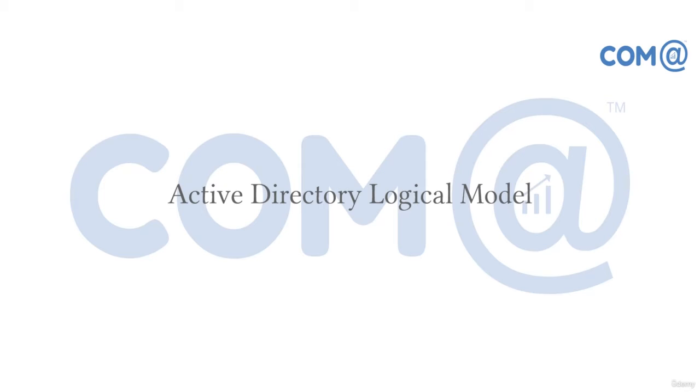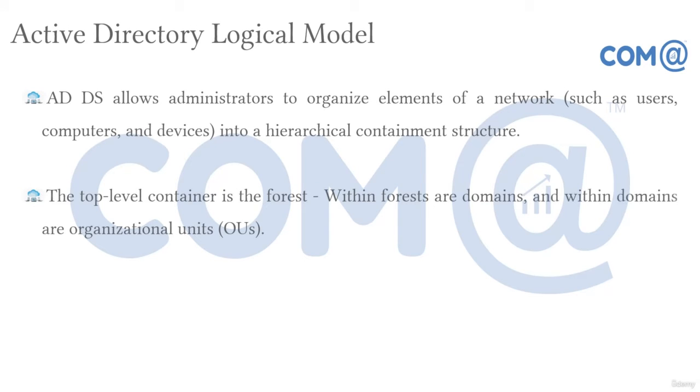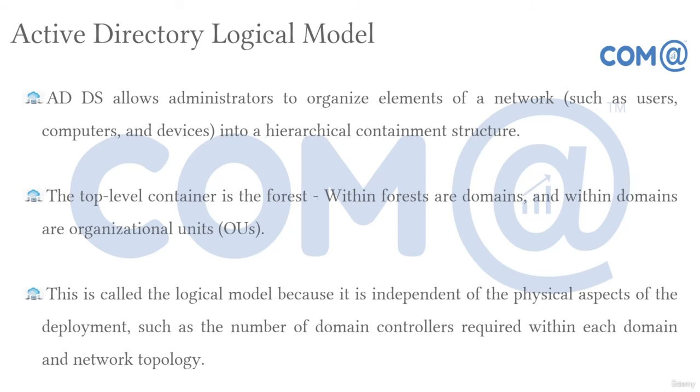And basically, Active Directory is a different and unique model. Basically, it is a logical model to understand. So basically, the Active Directory Domain Service allows the administrators to organize elements of a network such as users, computers, and the devices into a hierarchical containment structure.